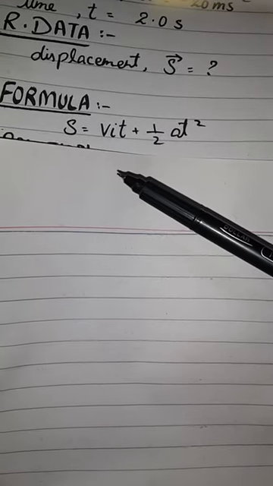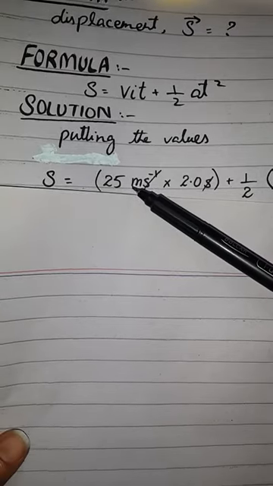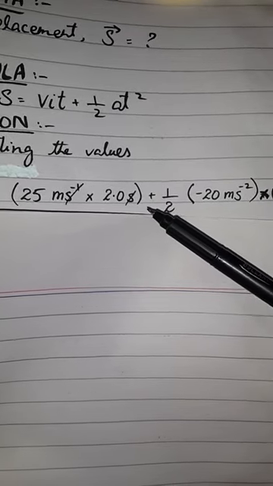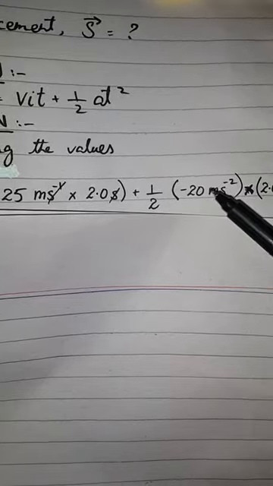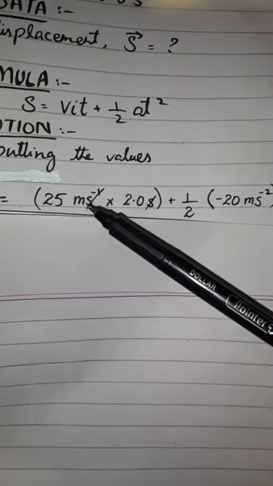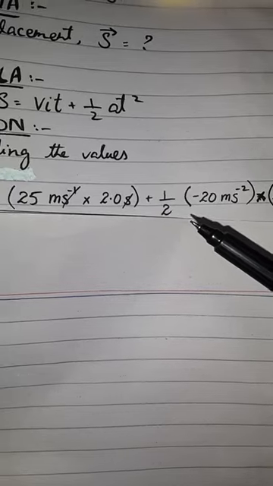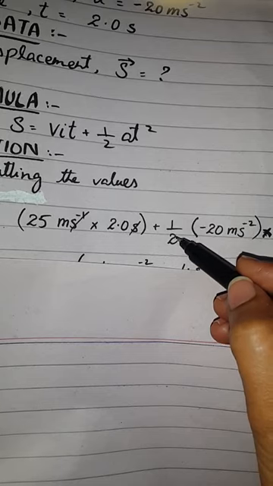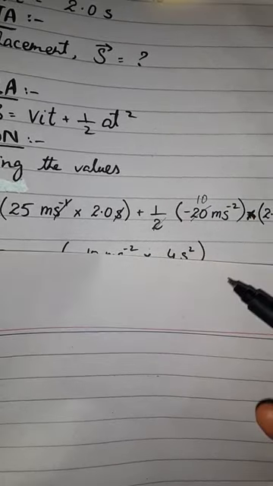Now by putting the values we get S equals VI, that is 25 meter per second, times t, 2.0 second, plus half times minus 20 meter per second square times t square, 2.0 second square. Here it is meter per second, so second is cancelled by second. The 2 is also cancelled, leaving 10 meter per second square.